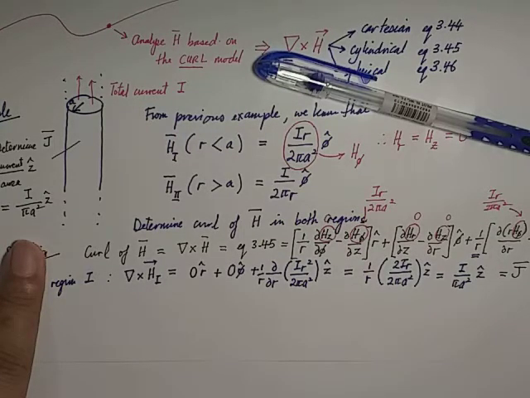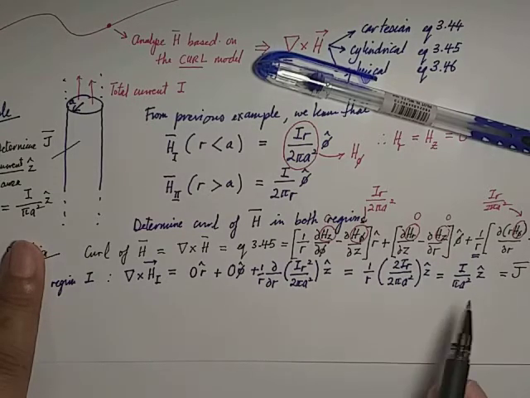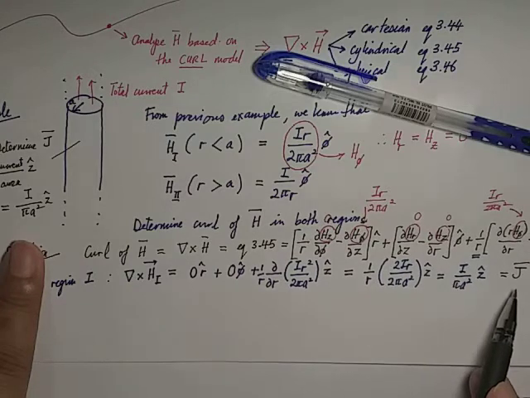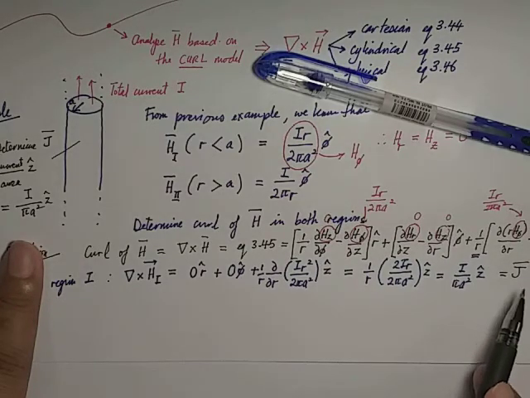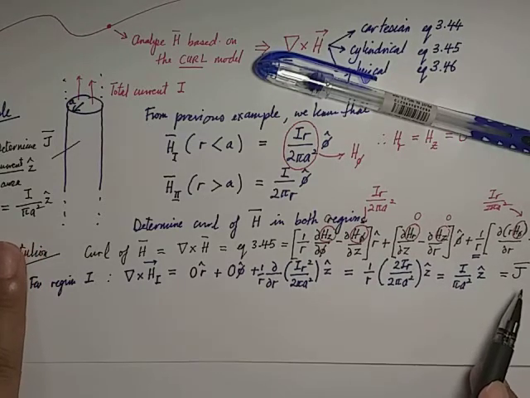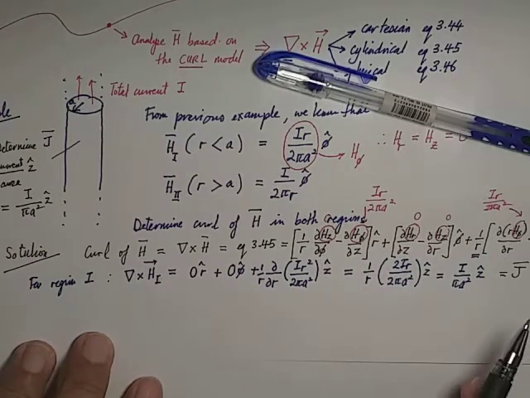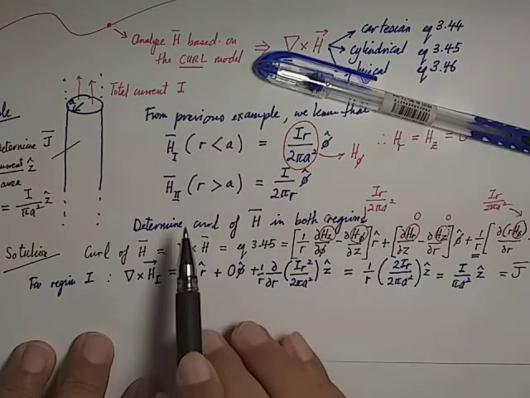So the curl of H actually can be defined to be equal to the source of the field, the J. Okay, so therefore we can state that as one conclusion.